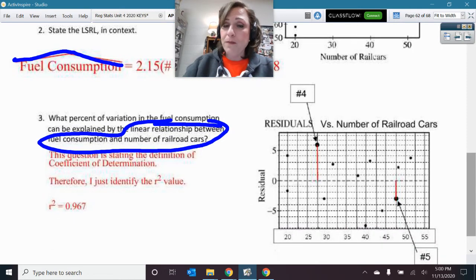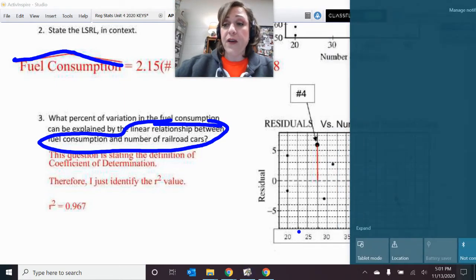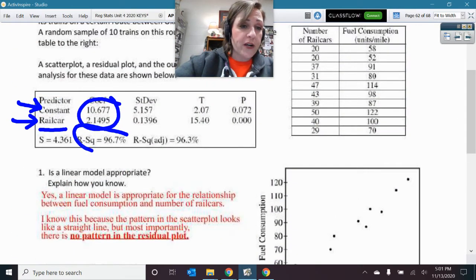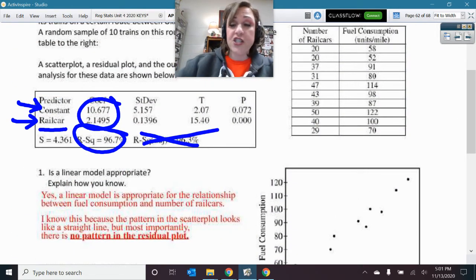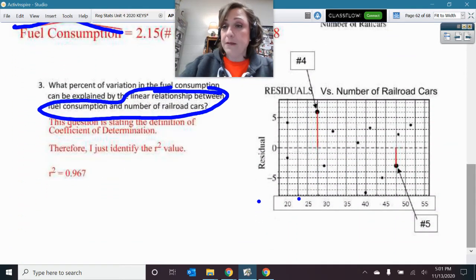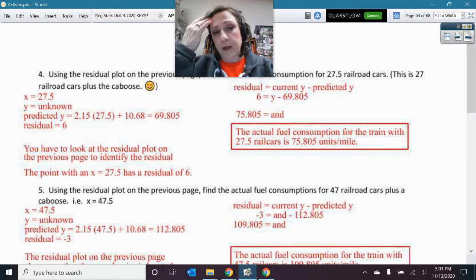So this problem was just asking you to identify the coefficient of determination, which is r squared. You found r squared here, not r squared adjusted. So 0.967 or 96.7%.